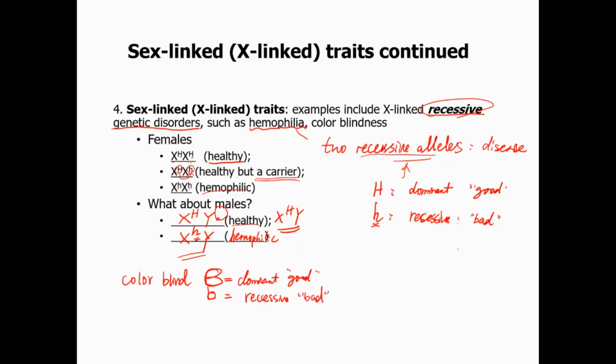So here, write out the genotypes for a colorblind male and female, for a carrier male and female, and for healthy individuals, male and female. I have a little trick somewhere.